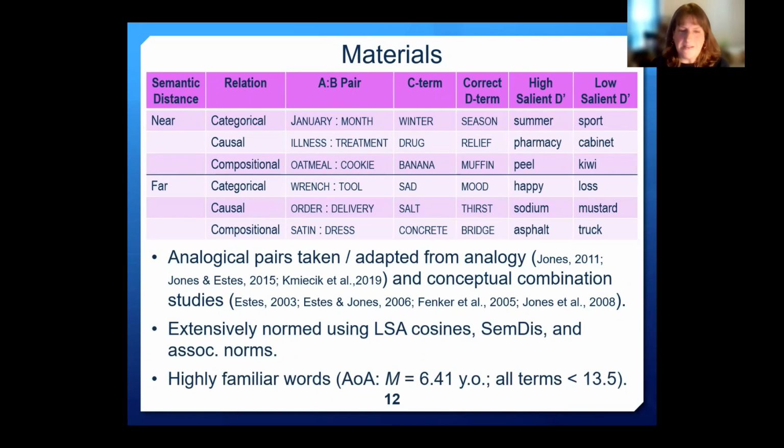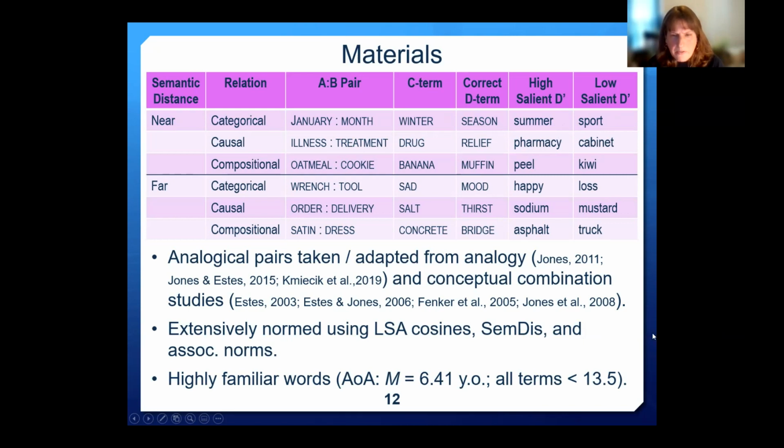There are a lot more recent ways to norm them and assess semantic distance than just LSA cosines. Fortunately, semantic distance had been developed in that time. So that was a really nice online tool for getting additional semantic distance measures. And then in terms of the high versus the low salient distractor, comparing that with the C term, the correct term, in terms of its semantic distance with the C term, the association norms work really well for that as well.